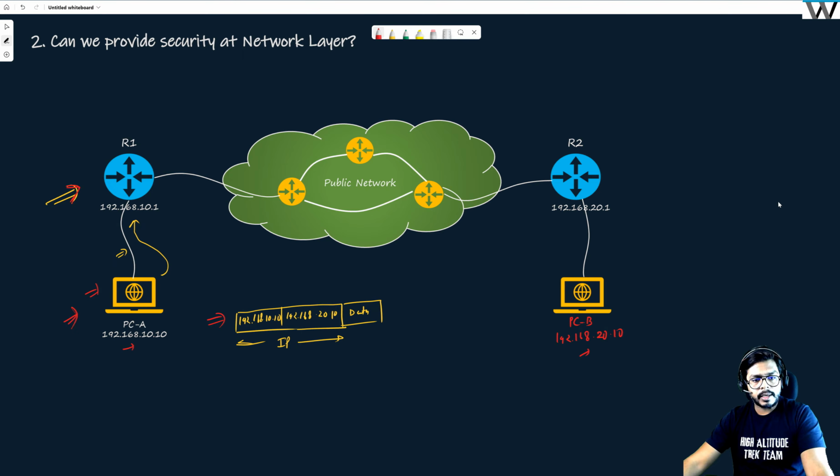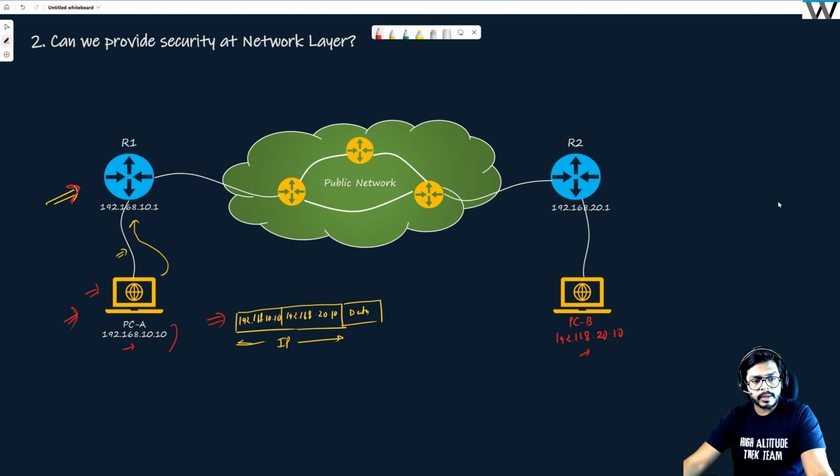Again, repeating, this IP packet reaches here, which is the default gateway. Because PCA needs to communicate to a network which is not its local network, because 20.10 is in a network which is pretty far away, right? And because it doesn't know where PCB is, it sends the packet to its default gateway. This is just normal routing, right?